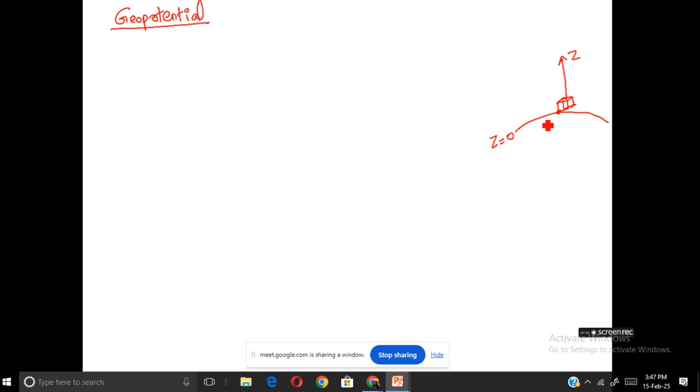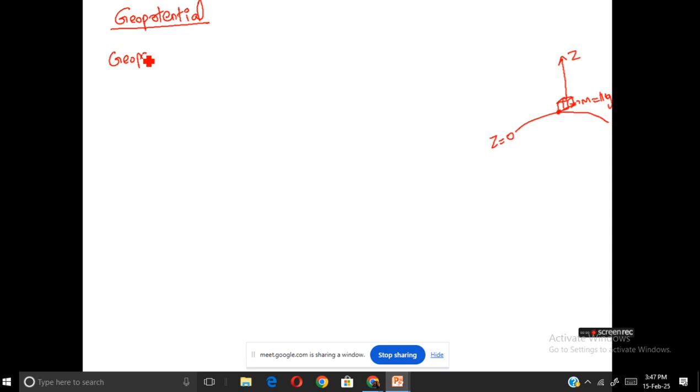Geopotential is defined as the work that must be done to raise an air parcel of mass, suppose 1 kg, to a height of z. The amount of work that must be done to raise this parcel to a height is particularly known as geopotential.